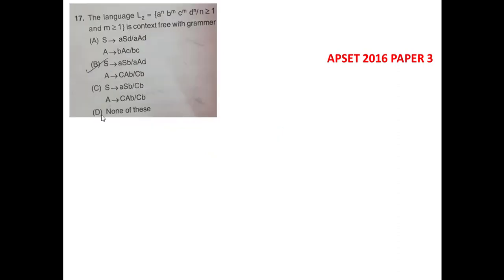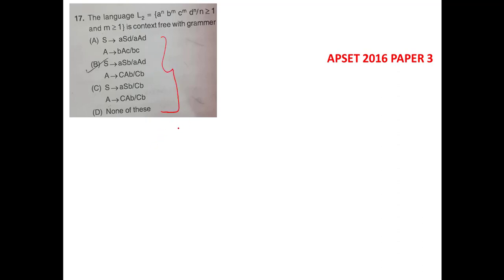And see the next question, question number 17. The language L2 equals a to the power of n, b to the power of m, c to the power of m, d to the power of n, where n is greater than or equal to 1 and m is greater than or equal to 1, is context free. For this language we have to find out which is a context free grammar among these four types of grammars.